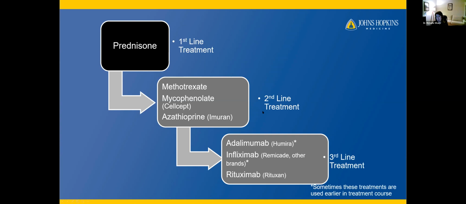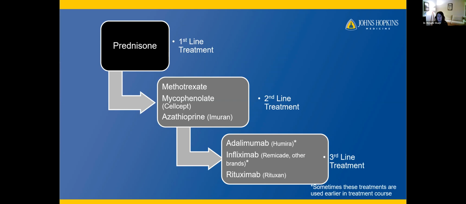And that is what's in the gray boxes. I've listed the main ones that we use in our practice as second line treatment, which include methotrexate, mycophenolate or Cellcept, and azathioprine. There are different reasons why you might choose one or the other, and it really should be a discussion between the provider and the patient.